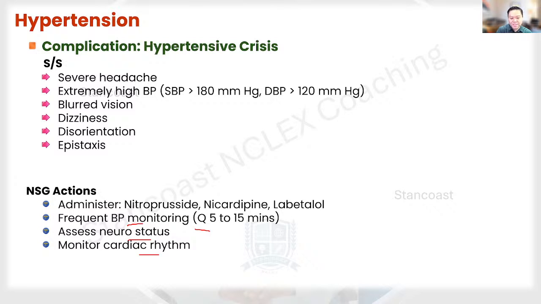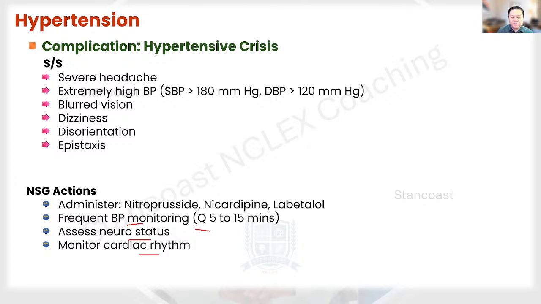However, if this is really going to consume your time and you are neglecting the other patients, then it's time for you to talk to the doctor. Hey, it's no longer safe for me to take care of this patient in this med-surg. I recommend that you transfer this patient to ICU, or let's say a higher level of care.